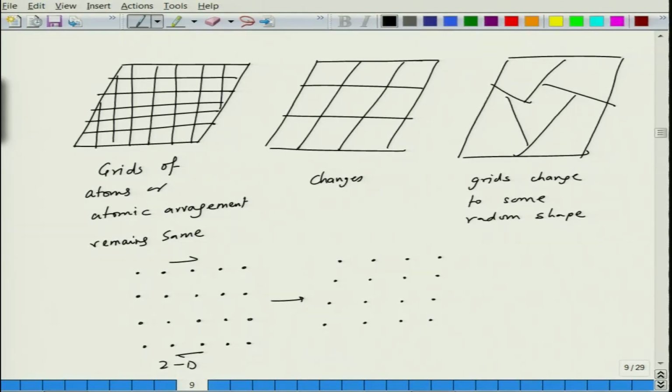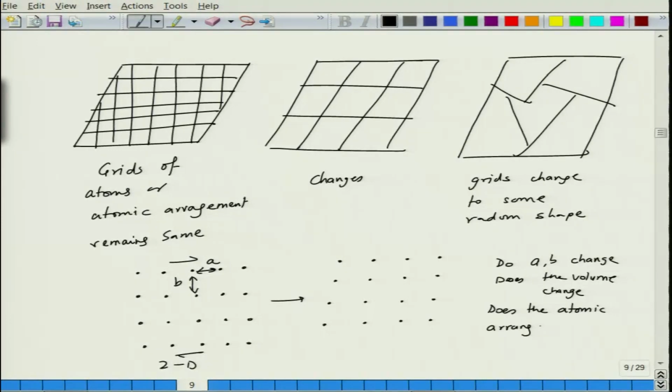Or does this side become longer, this side become shorter? Let us say if this is A and B, do AB change? Does the volume change, does the atomic arrangement change?